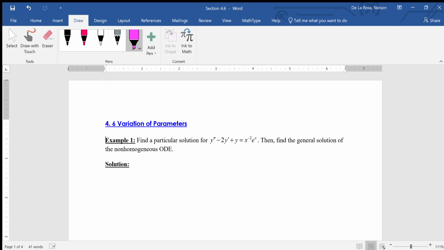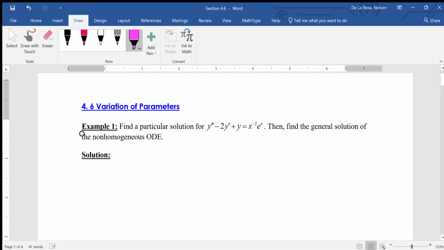This is a problem of section 4.6, variation of parameters. Here we have to find the general solution of the non-homogeneous ordinary differential equation.